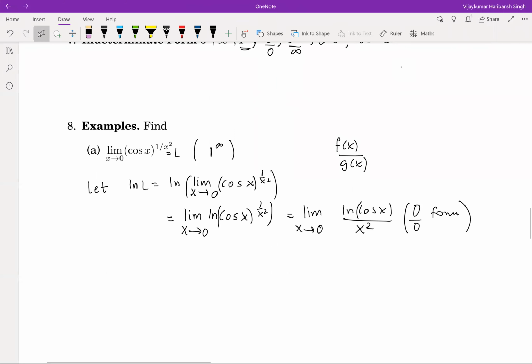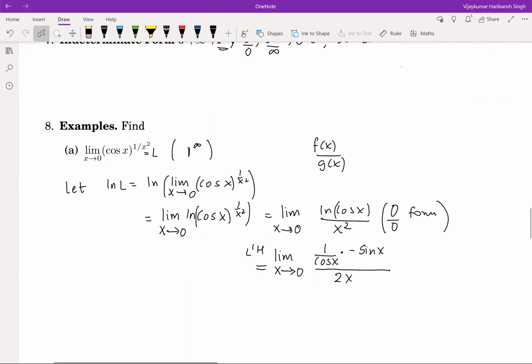So by L'Hopital's rule, this is going to be the limit as x goes to 0 of the derivative of ln of cos x, which is 1 by cos x times the derivative of cos x, which is minus sin x, divided by the derivative of x squared, which is 2x. Now if I do a little bit of rearrangement, this is the limit as x goes to 0 of minus tan x over 2x.